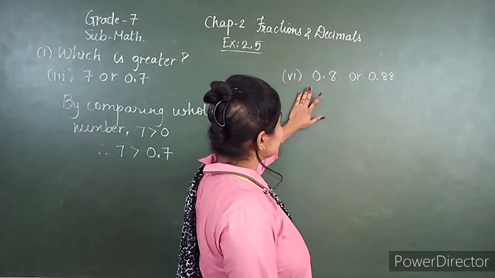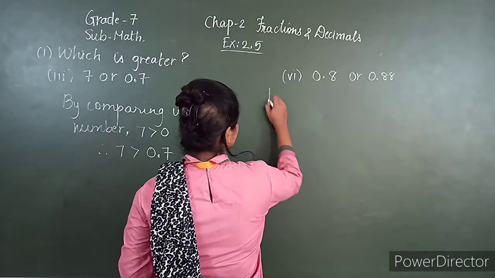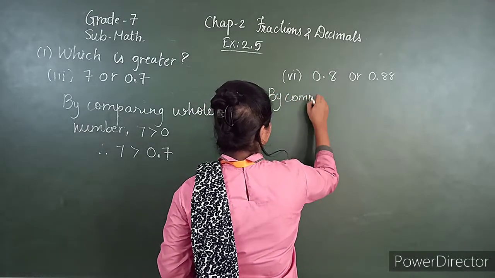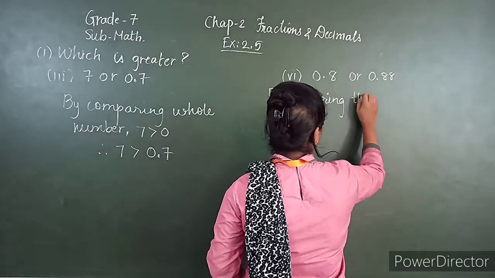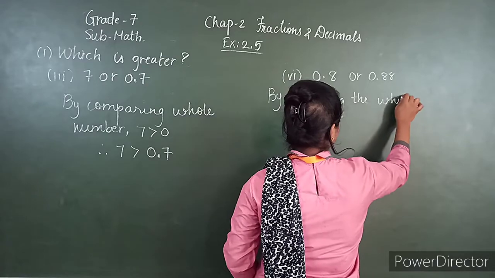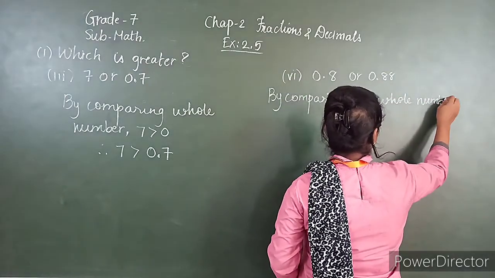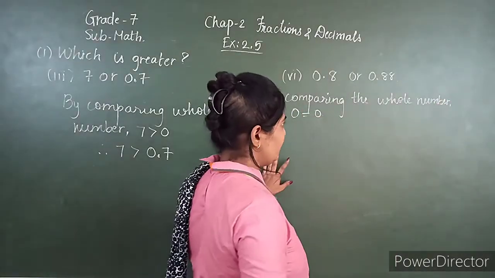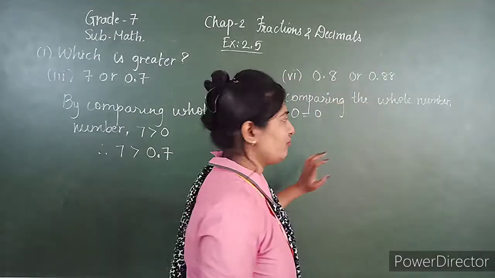Now next question, 0.8 or 0.88. First of all we have to compare the whole number. Zero is equal to 0. Here the whole number in both is 0.